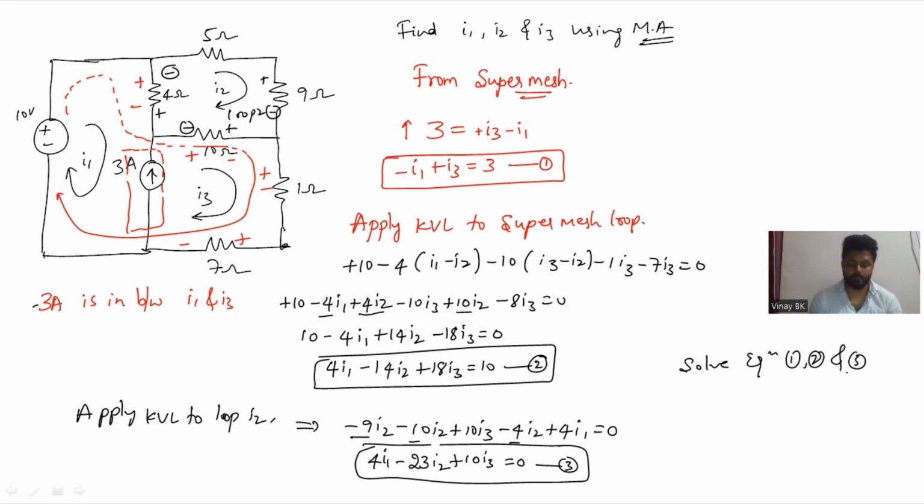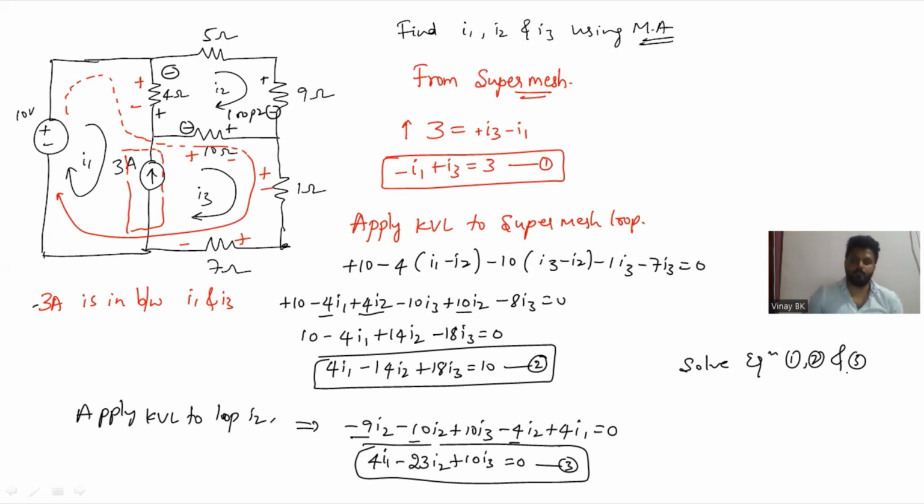Put your calculator in equation mode, that is EQN. There are 3 unknowns. A1 is minus 1, B1 is 0, C1 is 1, D1 is 3. Similarly 4, minus 14, 18, 10; and 4, minus 23, 10, 0.